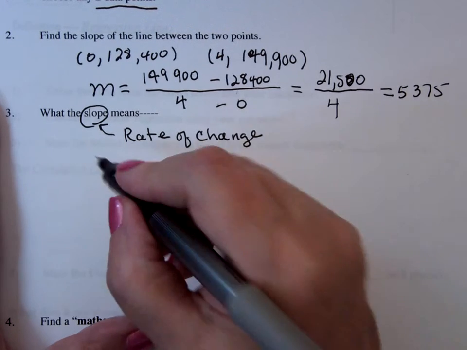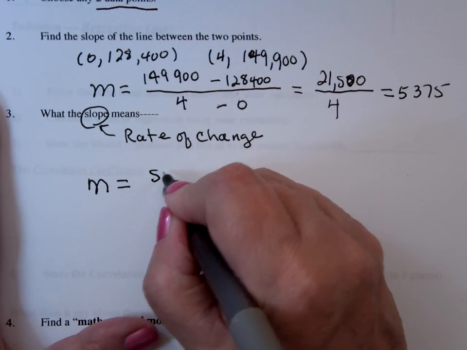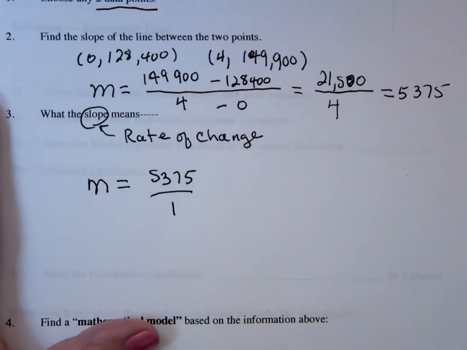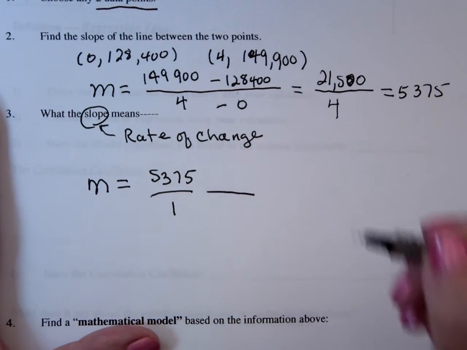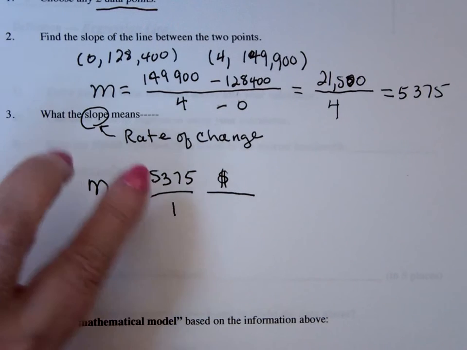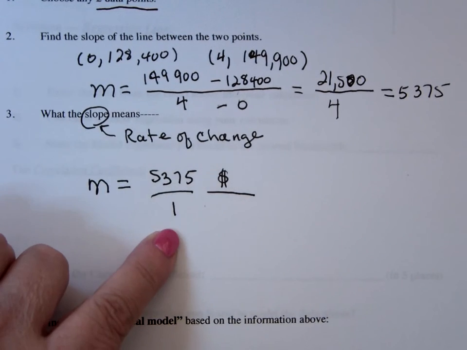And when I look at the slope as being 5375 divided by 1, which is what it is, the units in the numerator are dollars because it's $5,375, and the units in the denominator is, X represents what?